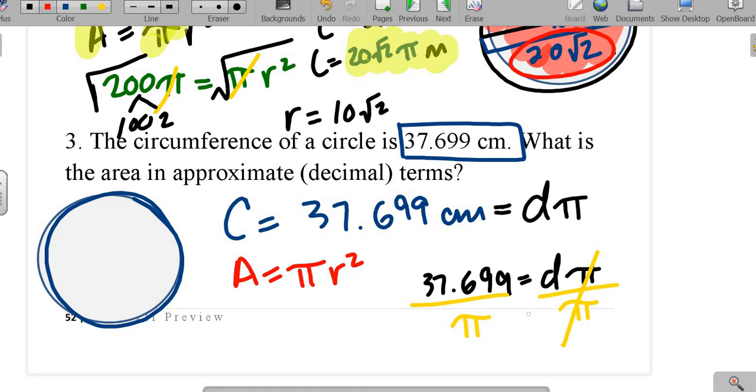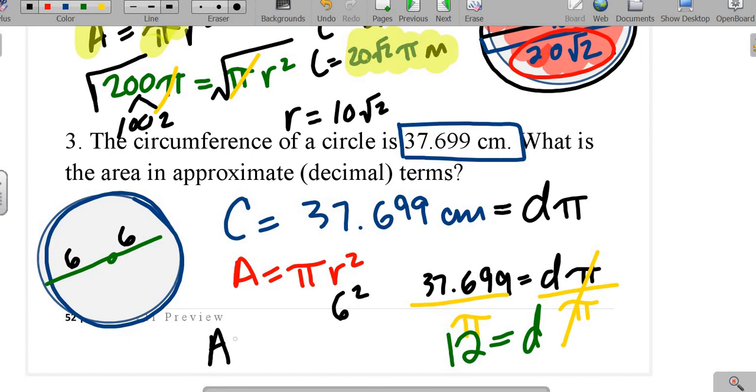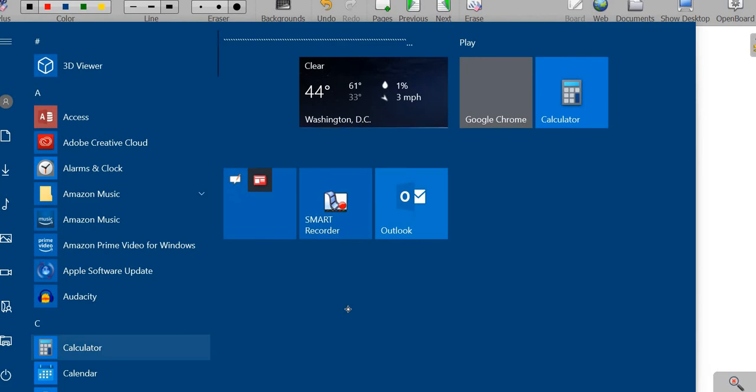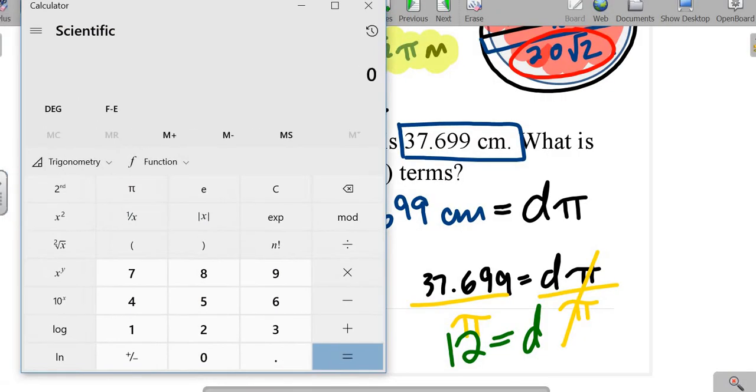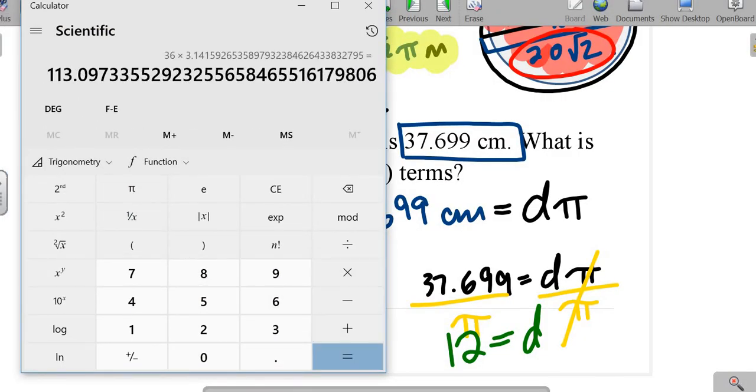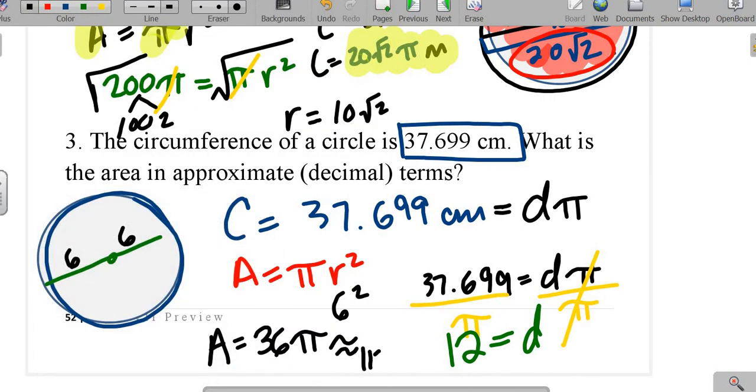So what did we just find? We just found that the diameter is 12, which means our radius is 6. 6 squared is 36. My area is going to be 36 pi. And the decimal approximation is 113.10 centimeters squared.